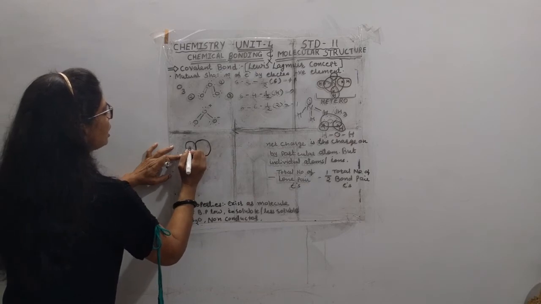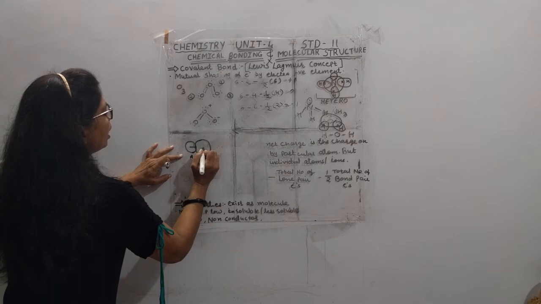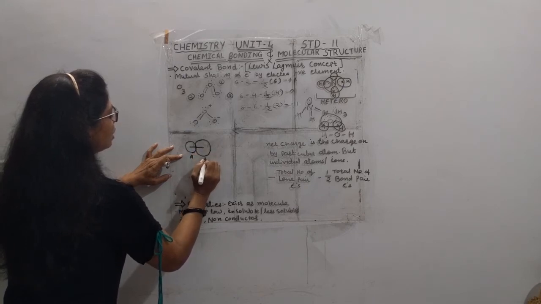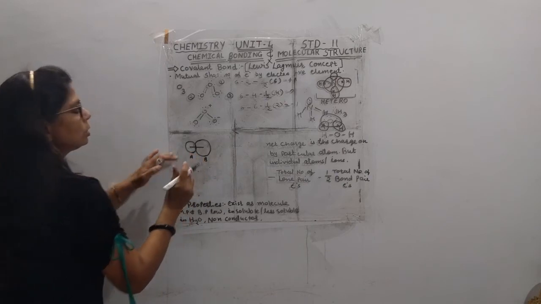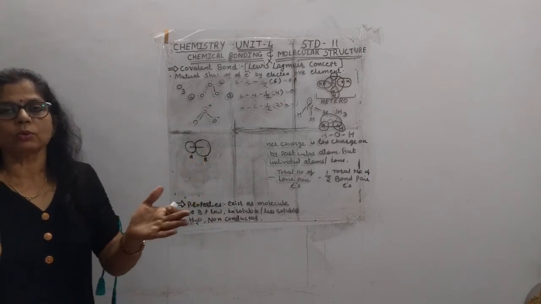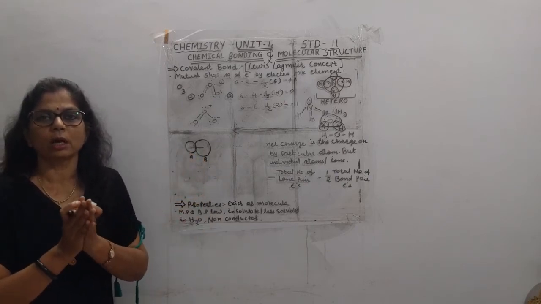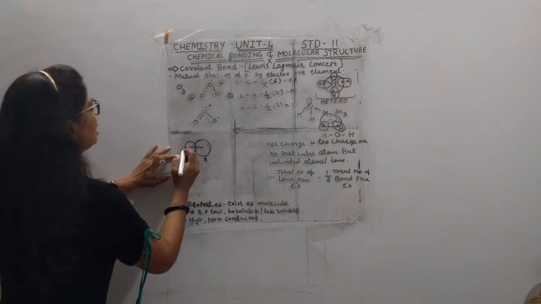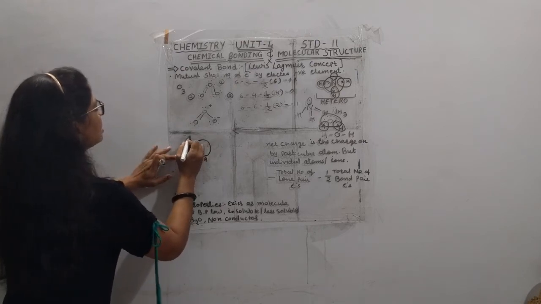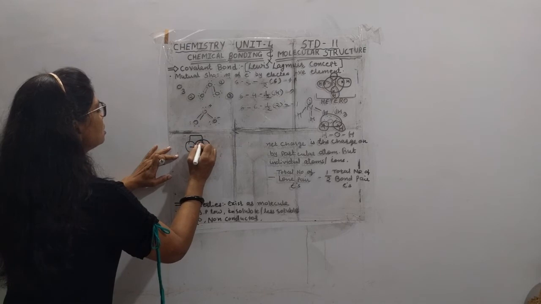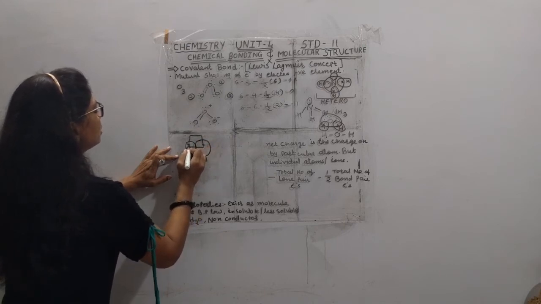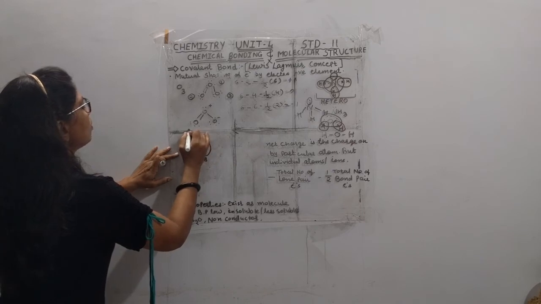This is the radius of atom A and this is the radius of atom B. When they come closer and form the molecule, the distance from this to this is known as the bond length. This is our bond length.